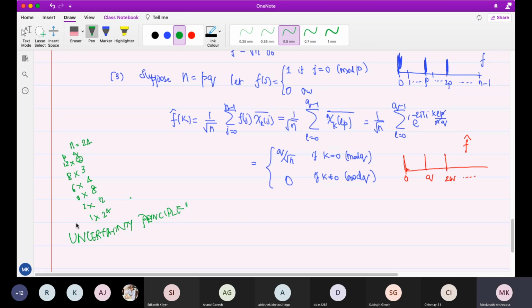We will come to it. It's an important fact about the Fourier transform. So this is saying that both F and F hat cannot have small support.